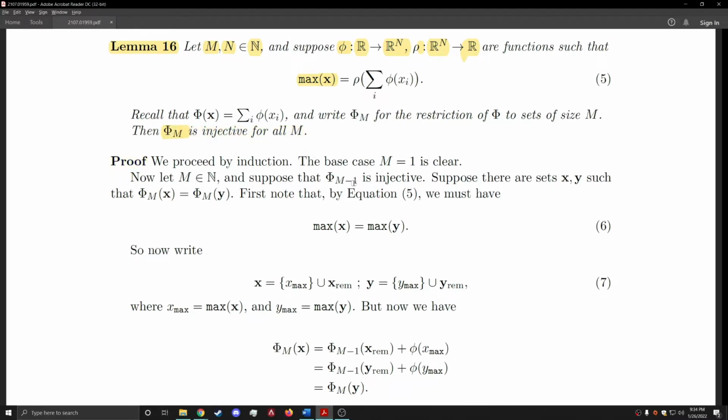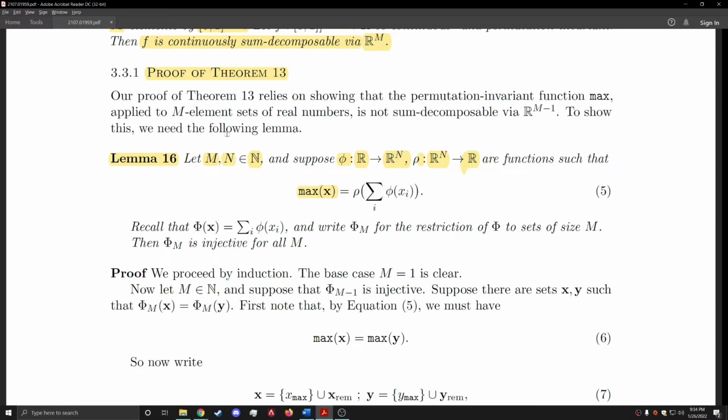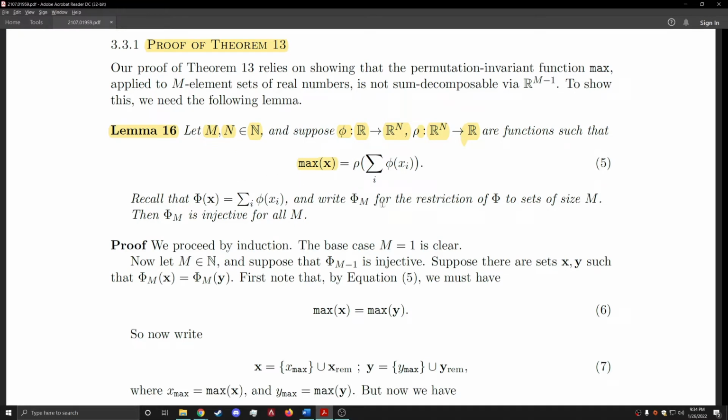We're going to assume, wait, is this the lemma? No, this is the thing we're actually showing. So this should work. There's nothing saying that it shouldn't so far. So recall the latent space exact definition, and remember that we're basically defining this right now because this is before the proof. The latent space of size m is injective for all m.